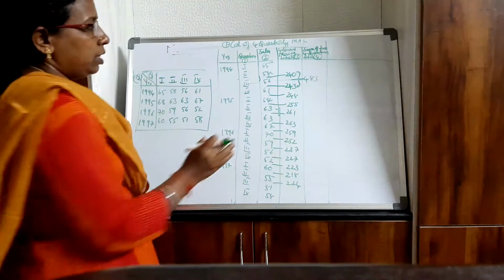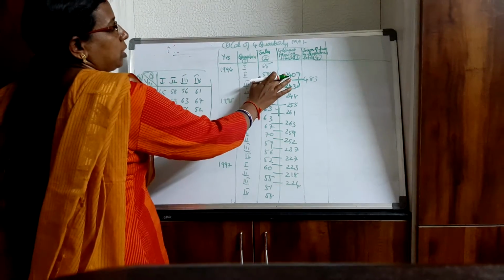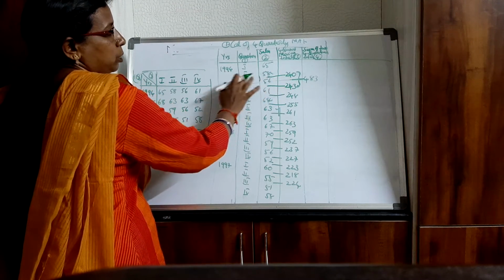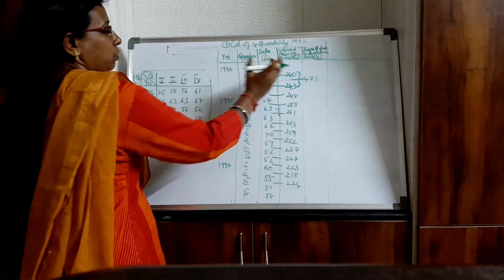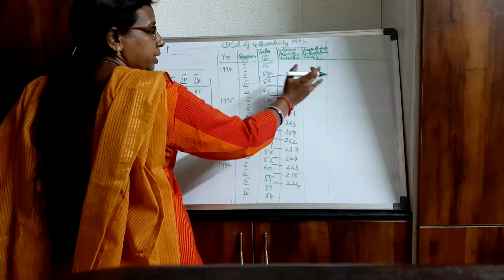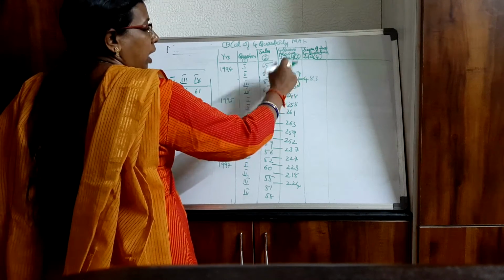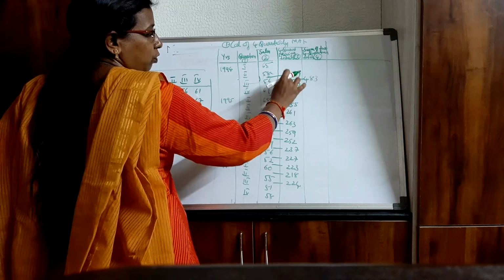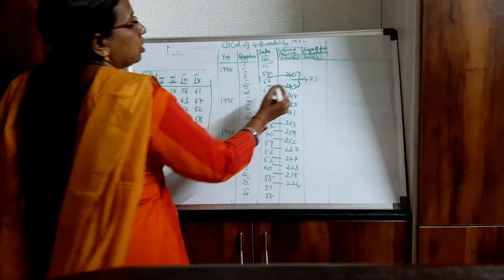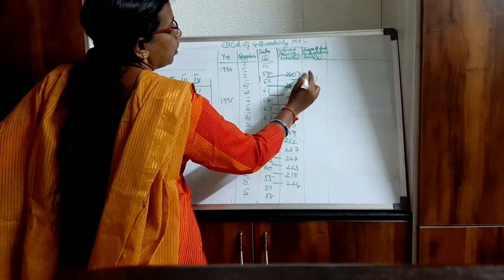Now we got the value corresponding to the particular quarter, whereas in the previous column you are not getting a value corresponding to any quarter. So to get a value corresponding to a quarter, we are finding the sum of 2 4-quarter moving totals again. So whatever 4-quarter moving totals you have calculated, again you calculate the sum of those 2. So now I got the sum of the first 2 4-quarter moving totals as 483.